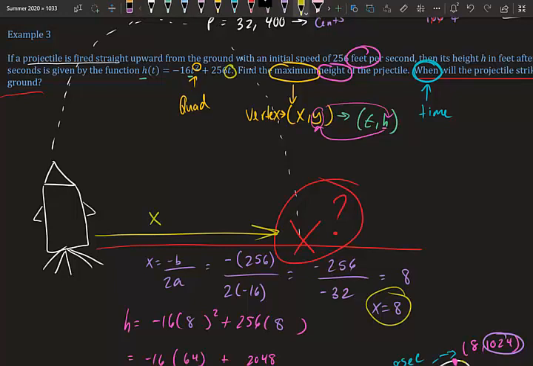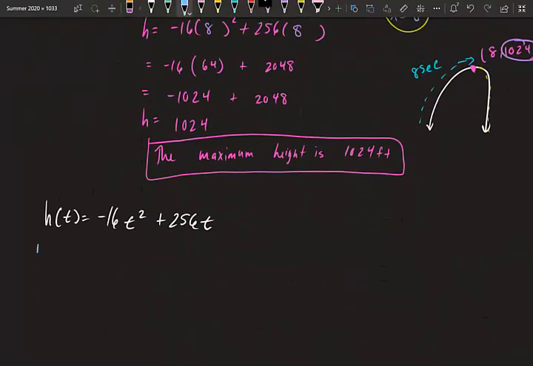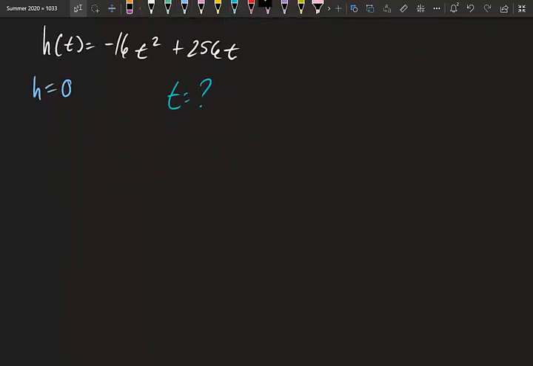Okay. And ground, when will it hit the ground? Isn't that height? So height is 0 when you're talking about the ground. So we're given h equals 0, we're trying to find t. We're trying to find when this will happen. Striking the ground, striking the water, striking the pavement, striking the floor, height is 0. That's it. We don't care about sea level there. We're just saying height is 0.